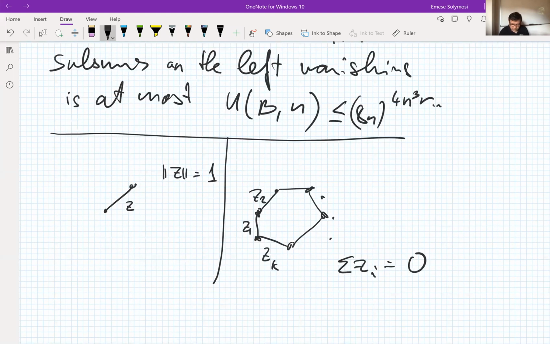If we move at least, say, Z1 to the other side, but any of them, Zi, and then you have i goes from 2 to k, Zi. This is still not 1, but you divide everything on the left with this one and you have 1.